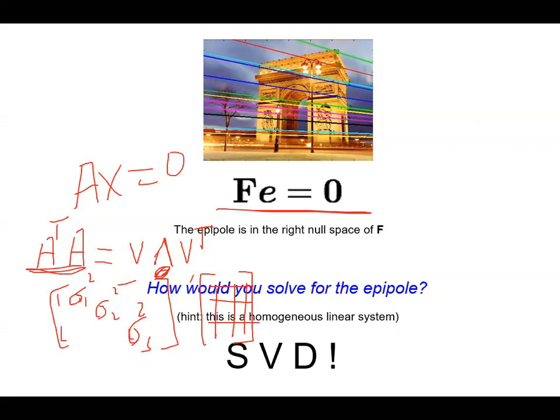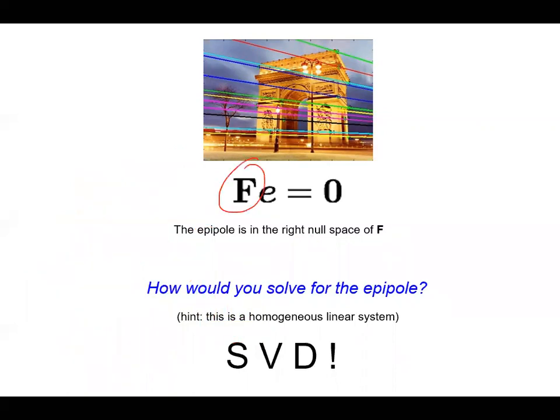Then this is multiplied by the last one, correct? I will take that eigenvector corresponding to the smallest eigenvalue, because we mentioned earlier that the values are ordered in decreasing order: sigma 1 is greater than sigma 2, which is greater than sigma 3, and so on. So I'm getting the eigenvector of the smallest eigenvalue of A transpose A.